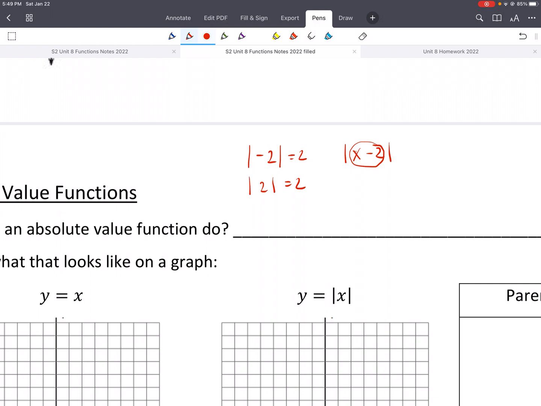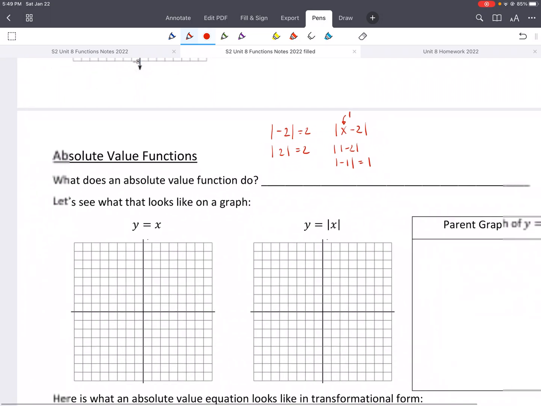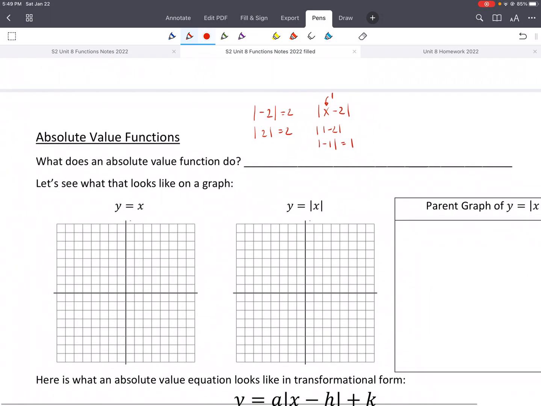So it's okay to have negatives inside. It's not going to make it be positive until you plug in a 1 here. Then you'd get 1 minus 2, which is negative 1, and that would end up giving us a positive 1. Okay? So anyways, absolute values make anything, when you evaluate it, become positive.